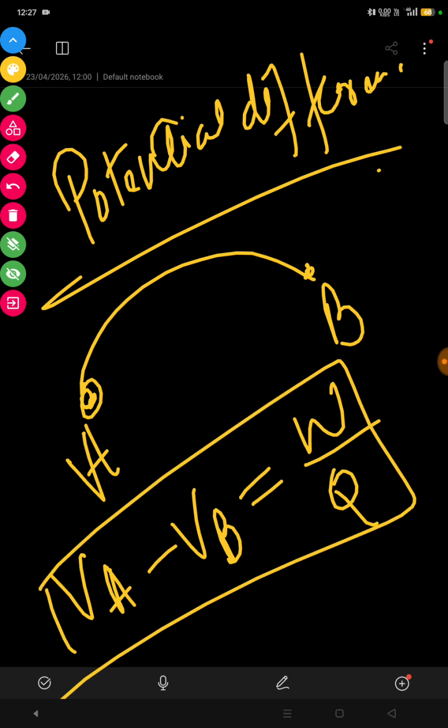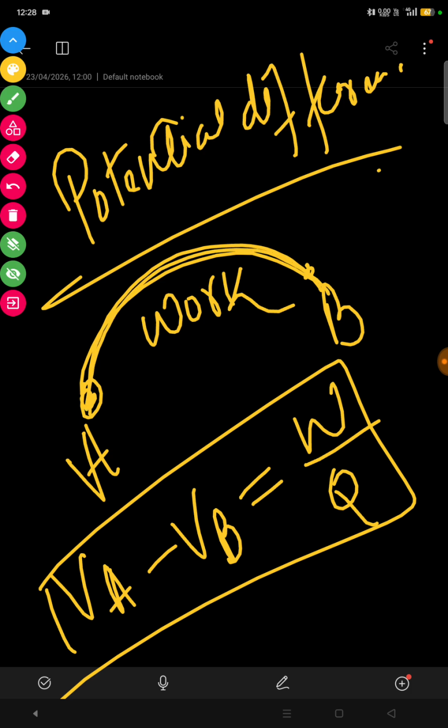The work done in bringing the unit positive charge from one point to another, the difference between these 2 points, is known as potential difference.